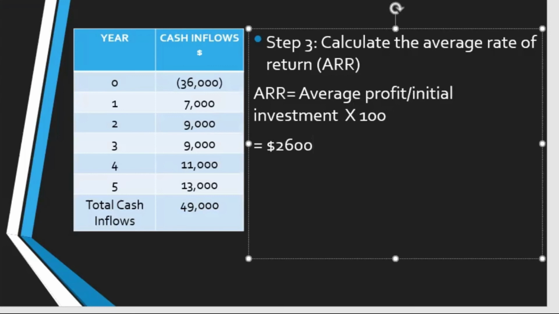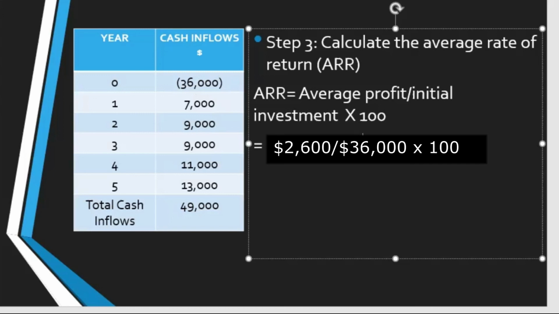Initial investment is 36,000. That's over 36,000 times 100. When you calculate that properly, you should get 7%. So for this project or investment, we're saying that the average rate of return is 7%.